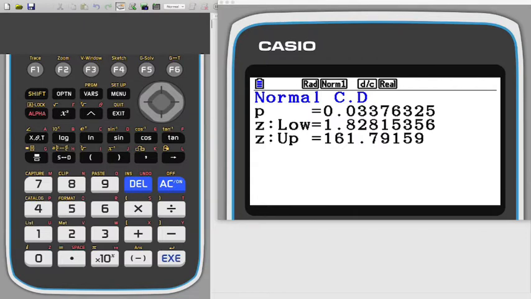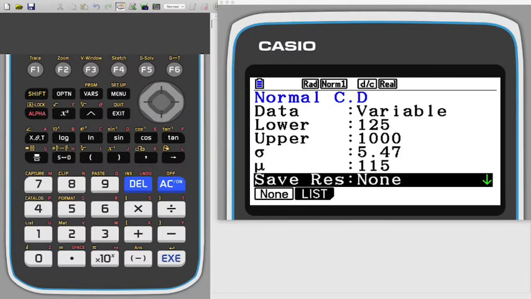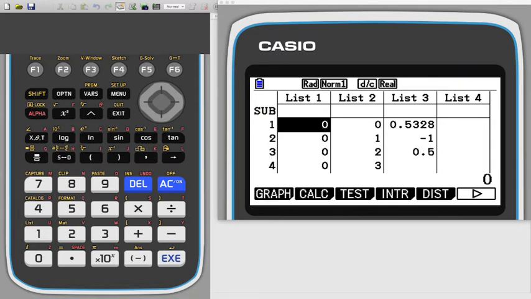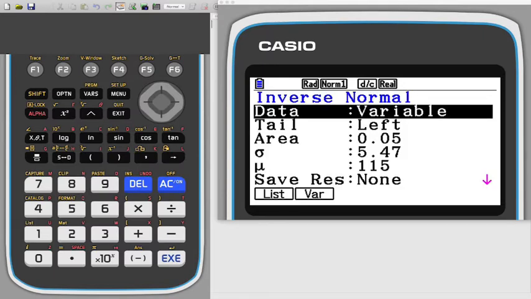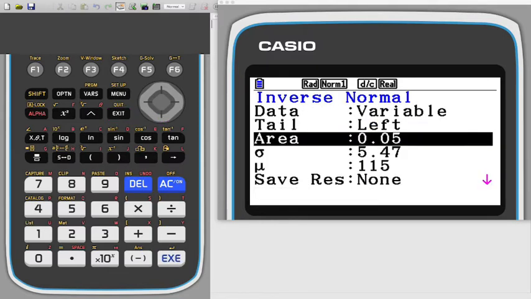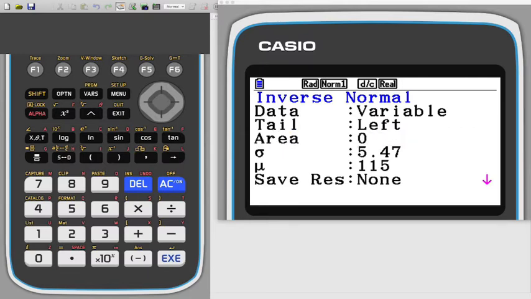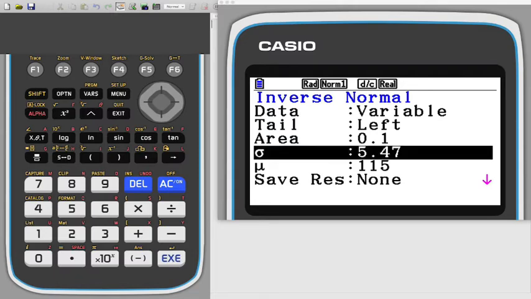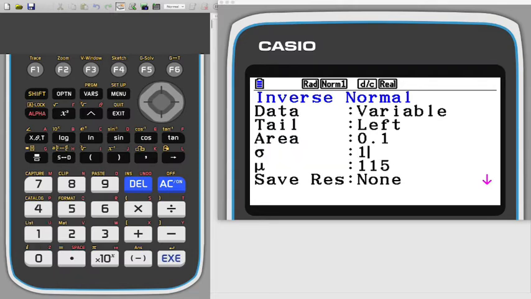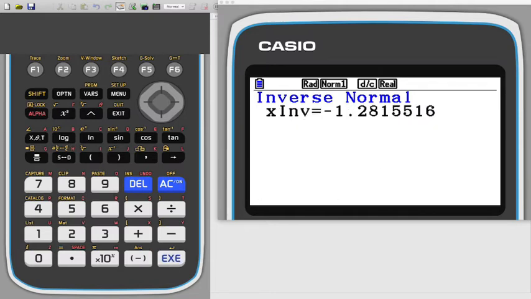So to find that value, if we exit this again, and then go to distribution, normal, and do inverse norm, variable left, exit, left, and we'll change this one here to 0.01. Enter, this will put back to 1, enter, and this will put back to 0, enter.